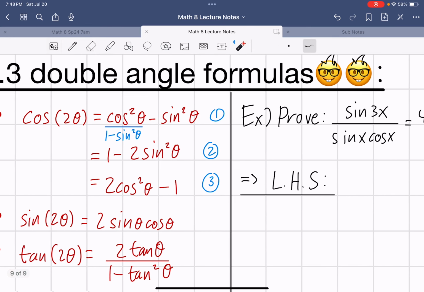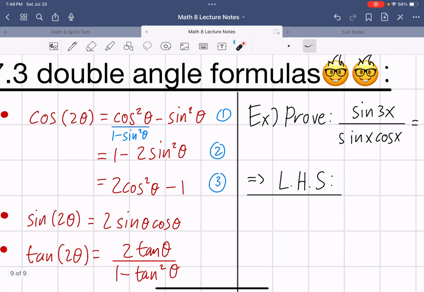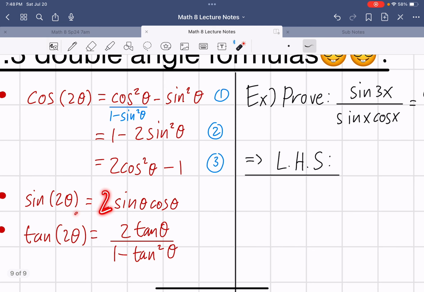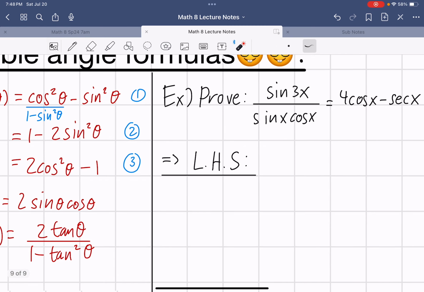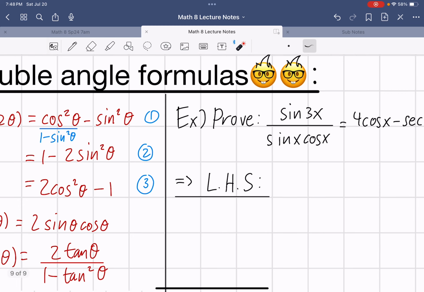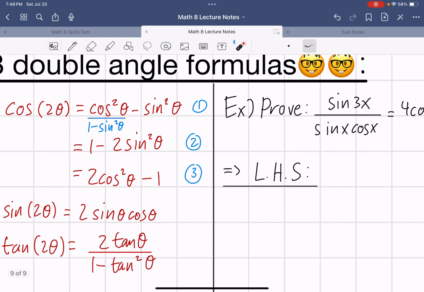Because we're just learning the double angle, sure, there's a version of sine cosine, but it needs a 2 to be a double angle. It's close, right? Here is a triple angle, so it feels like I can't use sine 2 theta.